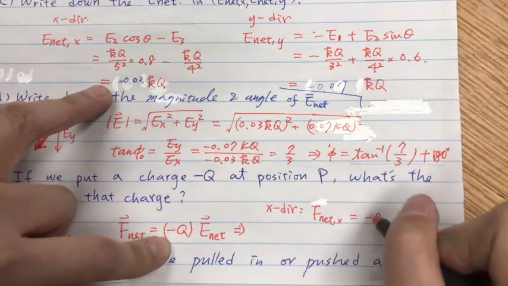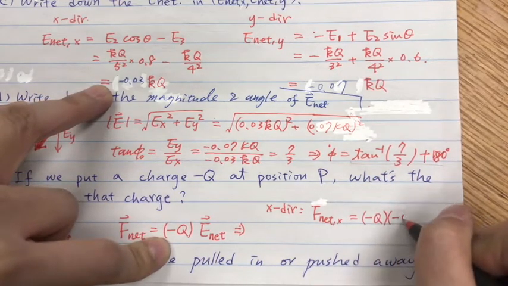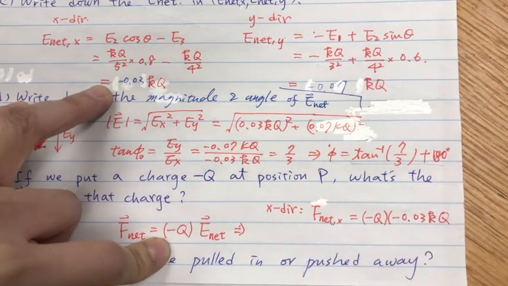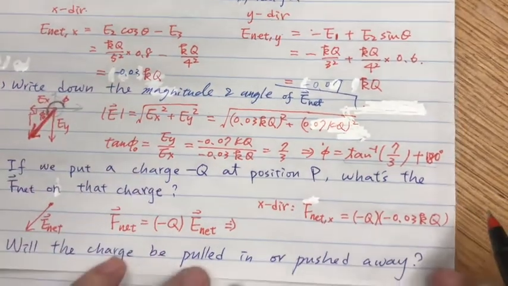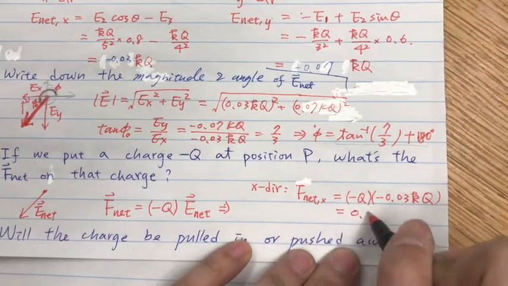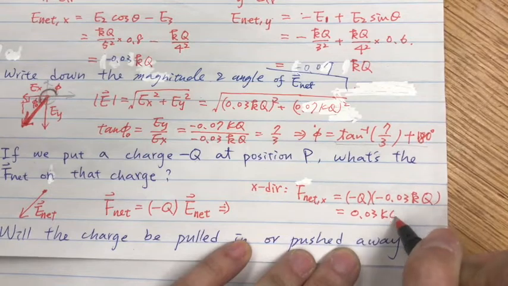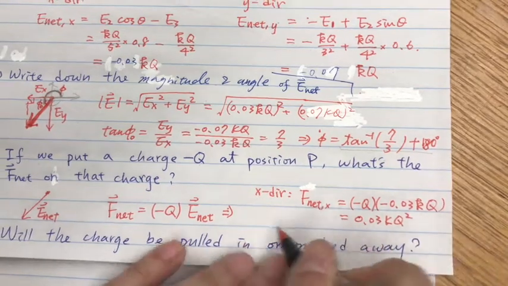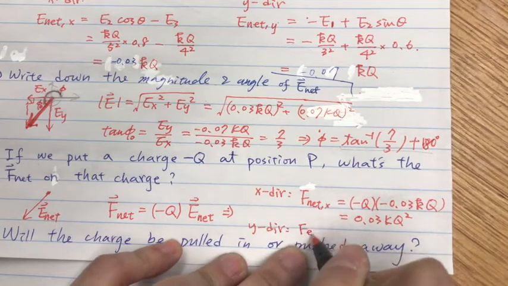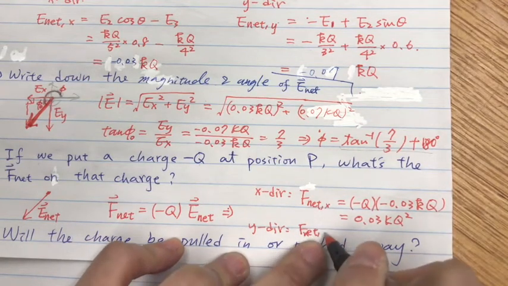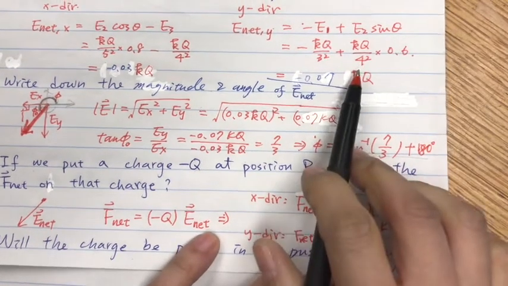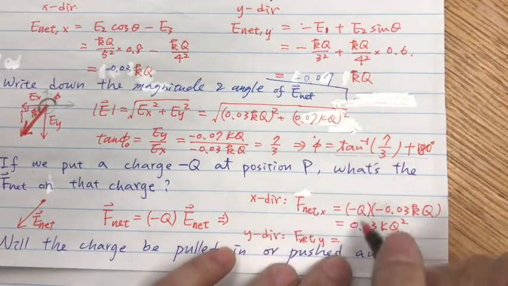So we have minus q times this, which is this. And we can do the same thing for the y direction, where the net force in the y component is the same, but the component right now is this for y.